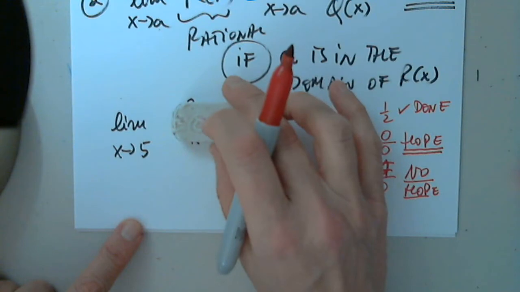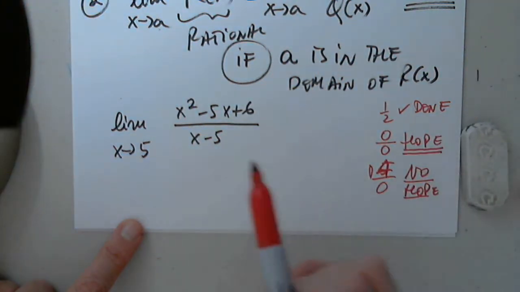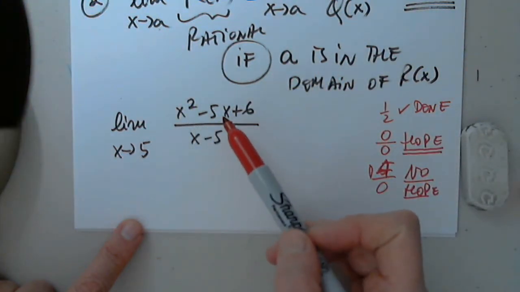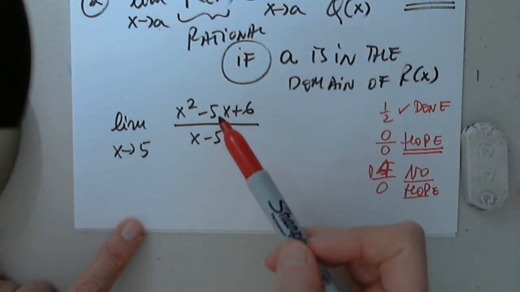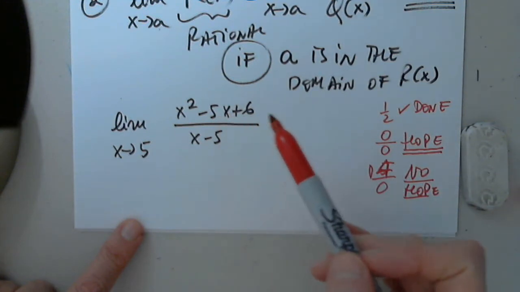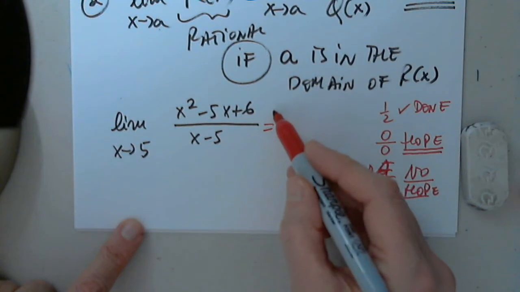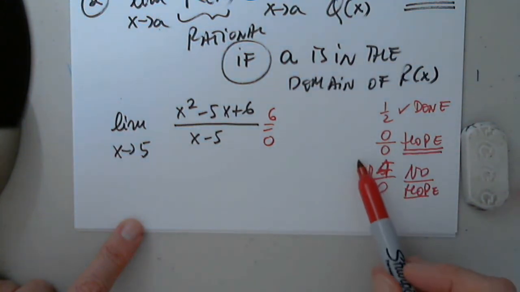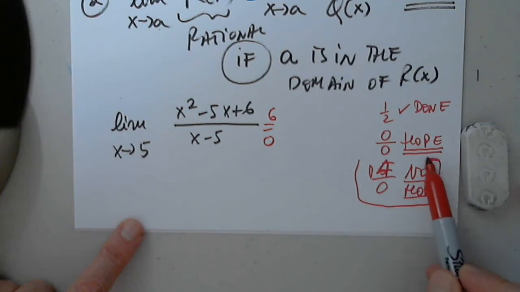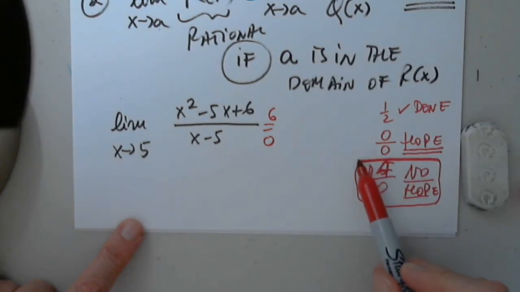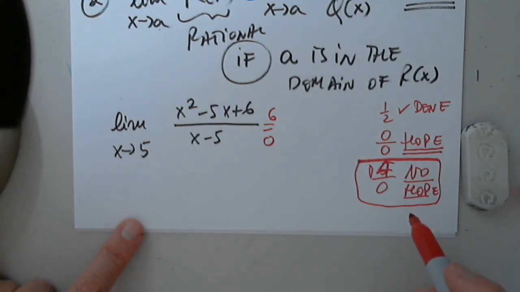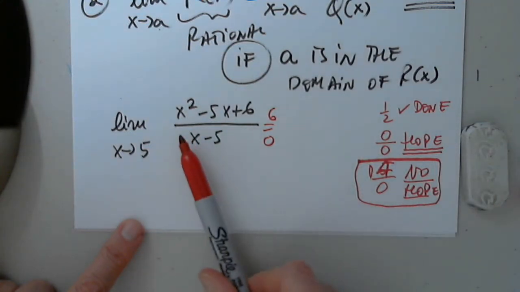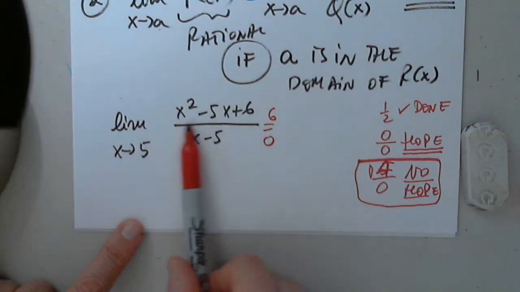Okay, so I'm doing this first. So 25 minus 25, that is 0. And 0 plus 6, the numerator is 6, and the denominator is 0. Oops. This is the situation. In that case, did I put in correctly?